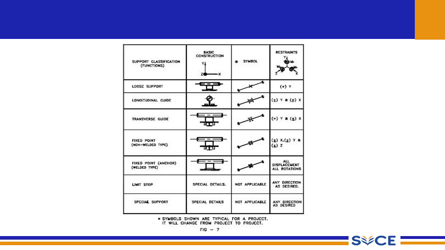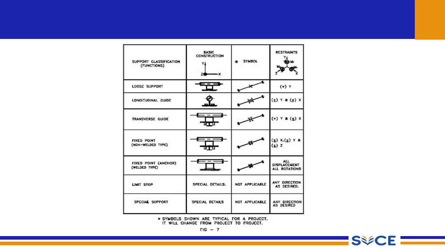Then special supports, they are not indicated by certain symbols. It will actually be shown as a legend in the pipeline and instrumentation diagram. So the special supports may have the restraints in any particular direction as required by the support or the function.